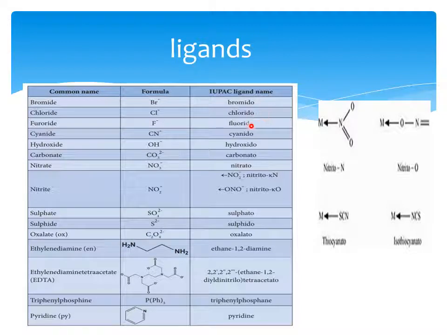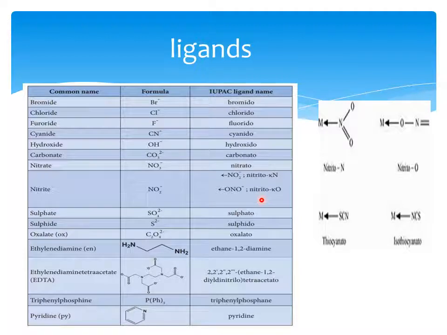Chloride, chlorido, fluorido, cyanido, hydroxido, carbonato, nitrato. But this one can be named in two different ways. If it coordinates through nitrogen, if the metal makes a bond through nitrogen, then it is called nitrito. But if it makes a bond with oxygen, then we call it nitrito.